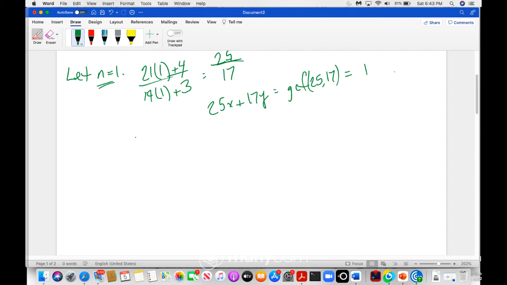And now it's time to bring in the Euclidean algorithm. So the Euclidean algorithm basically says, if I have that 25x plus 17y equals 1, I want to write 1 in an intelligent way that actually gives me some amounts of 25 and some amounts of 17 combined to get me 1.